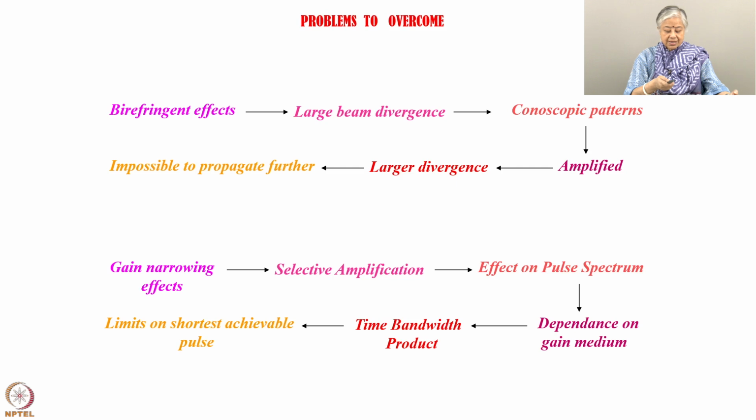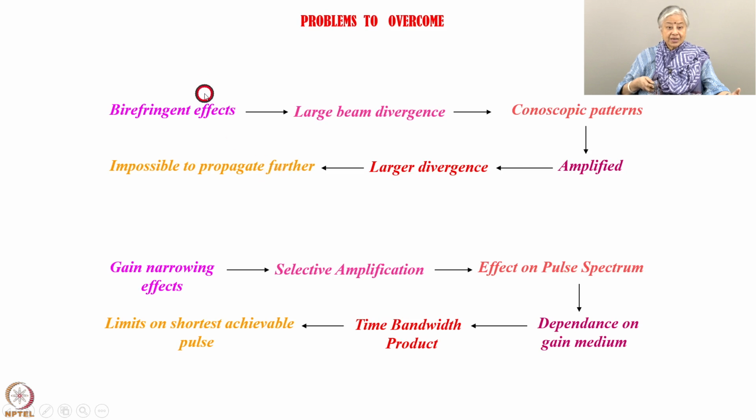So that's what I say here, the birefringent effect. It gives rise to large beam divergence, which is unwanted, and those patterns are called conoscopic patterns, and these conoscopic patterns themselves will be amplified, and the divergence will grow and grow. And when the divergence grows, then it becomes impossible to propagate any more.